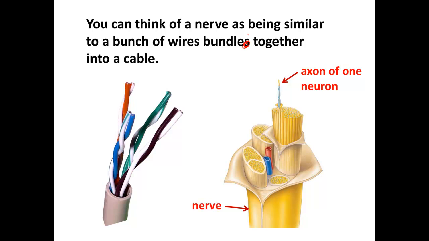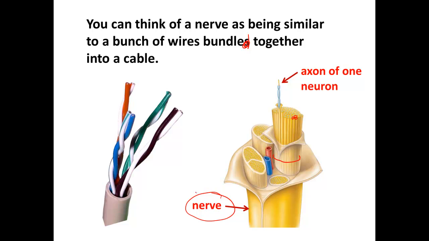If you look, each of these little structures right there are axons. Each of these represents the axon from a different neuron, and a bunch of those are all bundled together to form a fascicle, and then you have multiple fascicles that get bundled together to form the entire nerve.